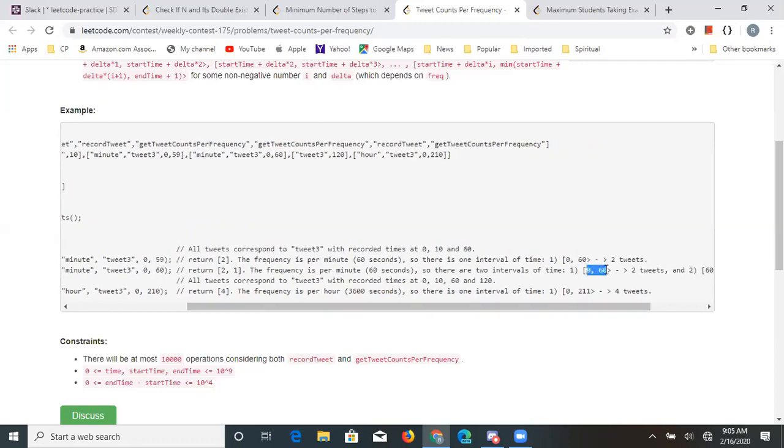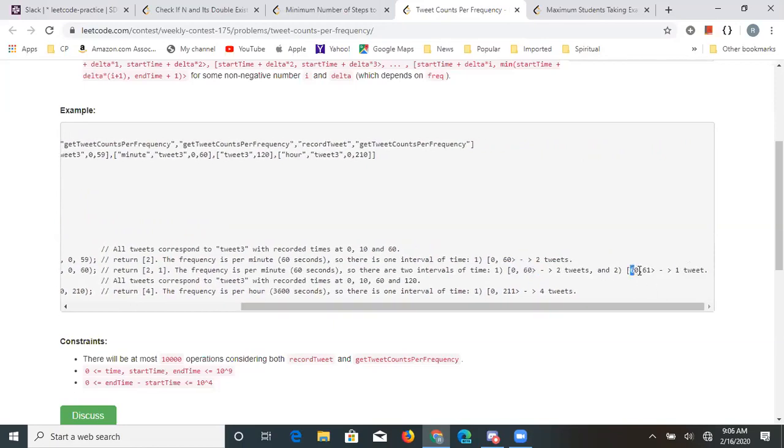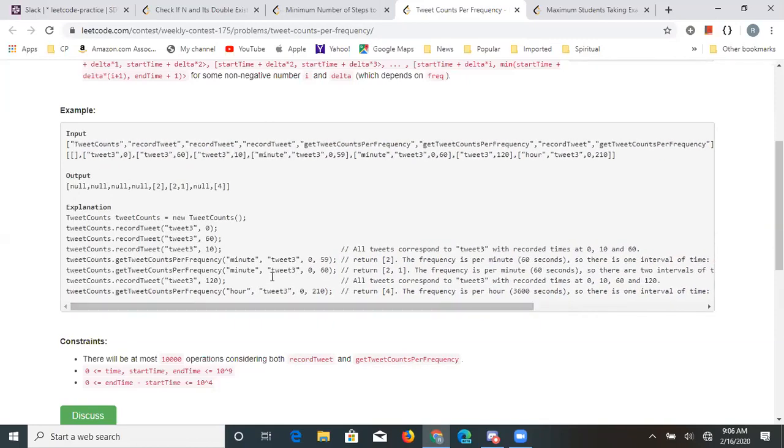So 0 to 60, where 60 is not included, you can think of it as 59. There were 2 tweets in that, and from 60 to 61 there is another 1 tweet. That is the whole point of passing this. So you are creating a bucket per minute. Think like that. Does that make sense?